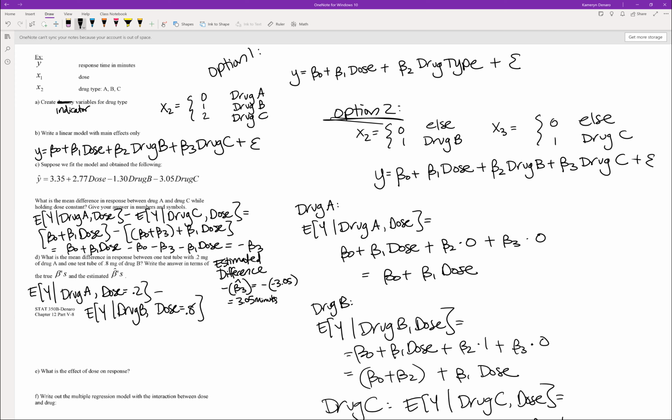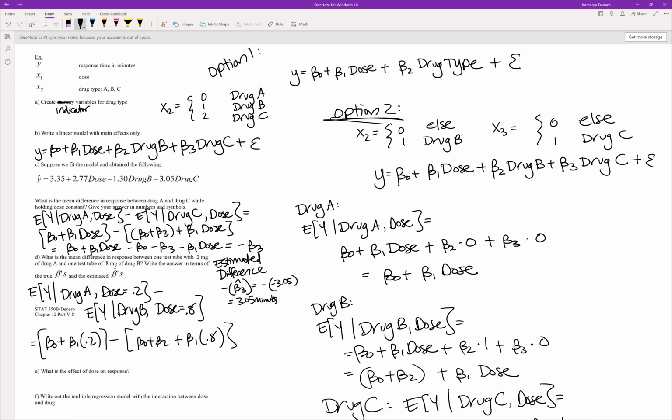All right, so we're going to plug these in. We get beta 0 plus beta 1 times 0.2 minus beta 0 plus beta 2 plus beta 1 times 0.8.